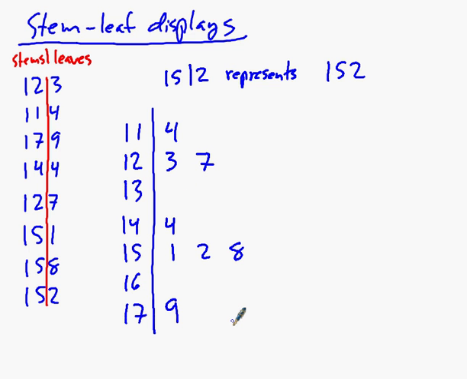And so it gives you kind of a graphical view of the distribution of the data, which is why it really is helpful to see, you can see the distribution. You can probably get a decent sense of where the center is. It actually would probably be somewhere around here, around 14, I would guess. Maybe a little bit less, between 13 and 14.